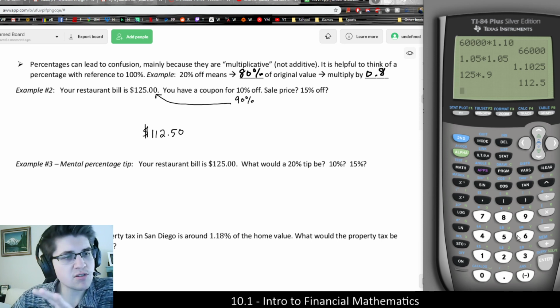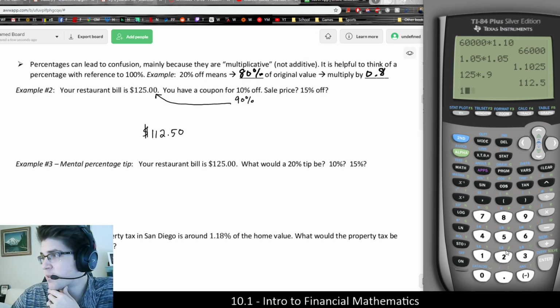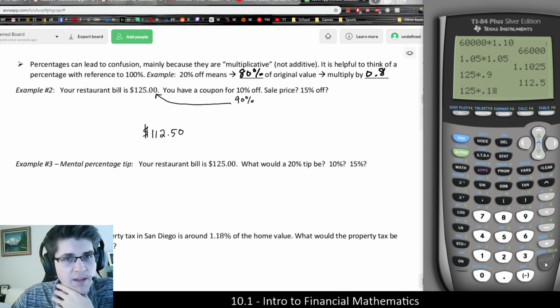So just to compare to how most people do this, and how I've seen most people teach how we solve this, well, 10%. I could always start with the 10% and directly multiply into 125, because that's what it means, right? I have a percentage that always multiplies into a value, and 10% of 125 is 12.50. That is how much I'm getting off.